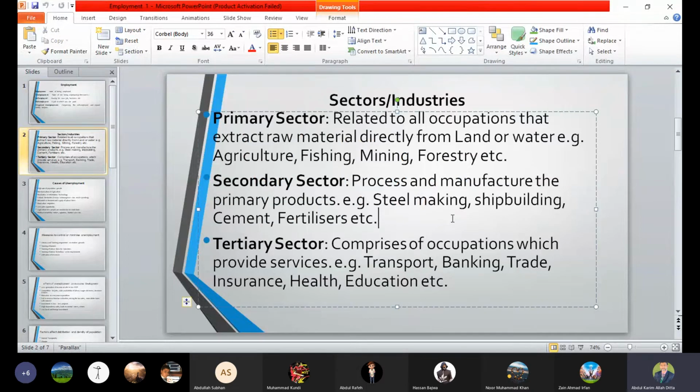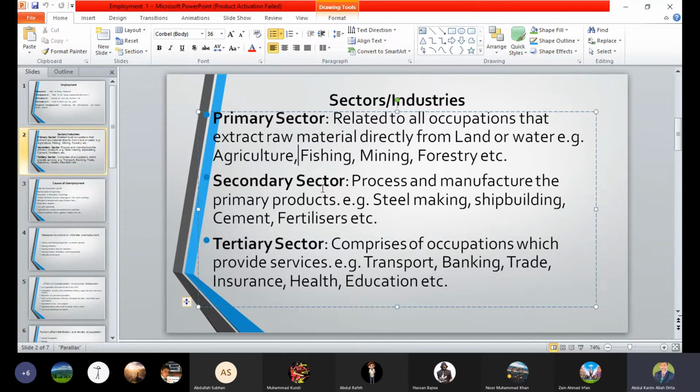We can call it primary industry or primary sector, secondary sector or secondary industry, or tertiary sector or tertiary industry, beta. In the primary sector, the occupations are involved in extraction of raw material directly from land or water, like agriculture, fishing, mining, and forestry, etc. So they are examples of the primary sector or primary industries, beta.